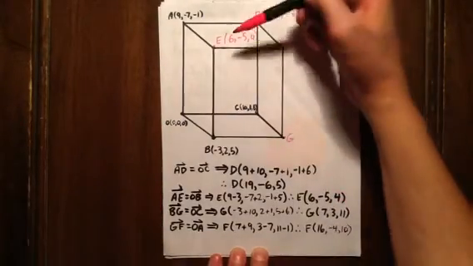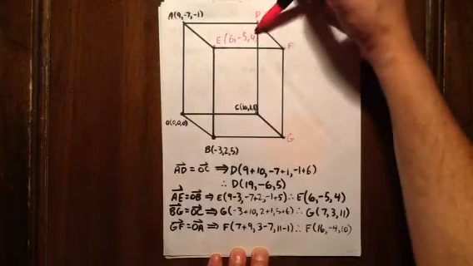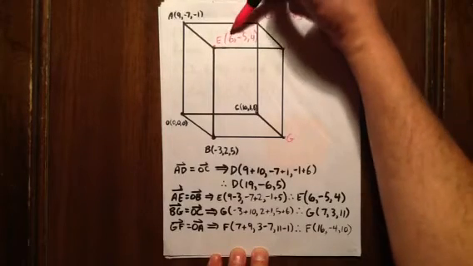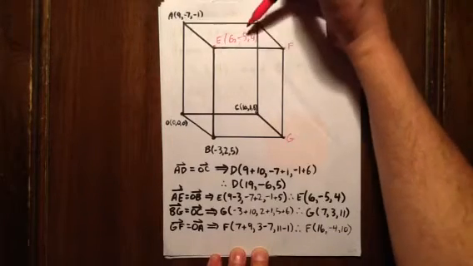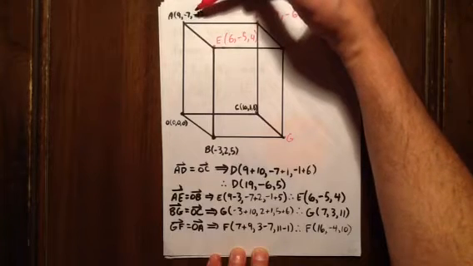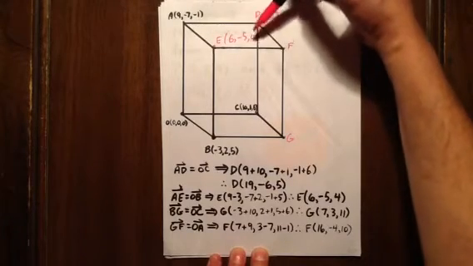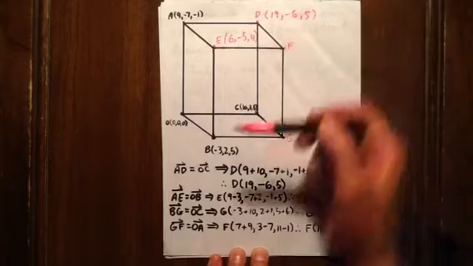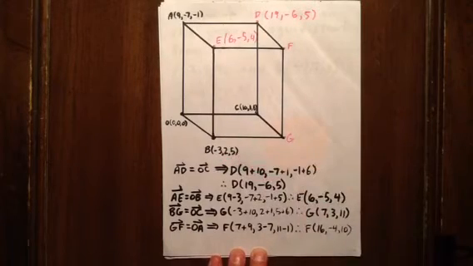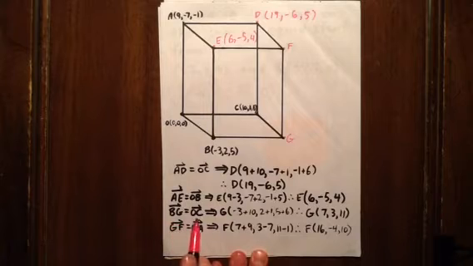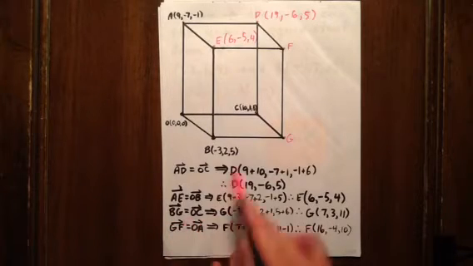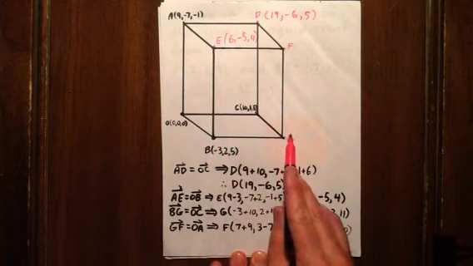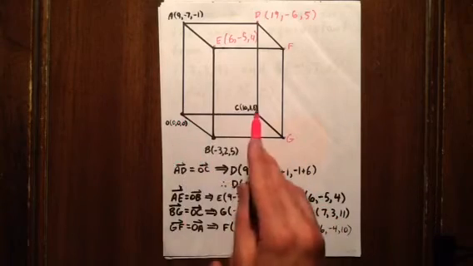Because if E is 6, negative 5, 4, then 6 minus 9 is negative 3, negative 5 minus negative 7 is 2, and 4 minus negative 1 is 5. Negative 3, 2, 5. By similar rationale, we know that BG must be equal to OC. So here's BG, and here's OC.